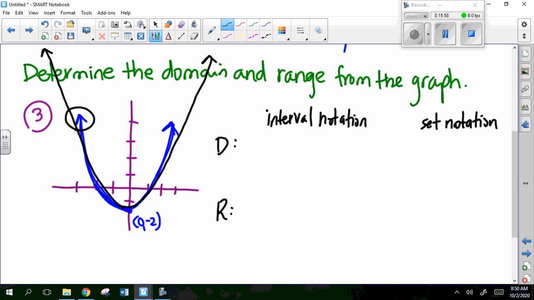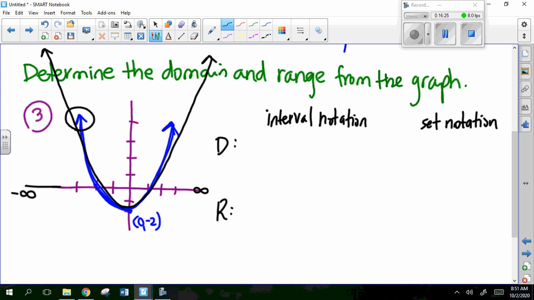Okay? So what I want you to understand is that our graph keeps going to the left forever out to negative infinity. And it keeps going to the right forever to positive infinity. Okay? So if I talk about where does this graph start, from left to right, where would it start?